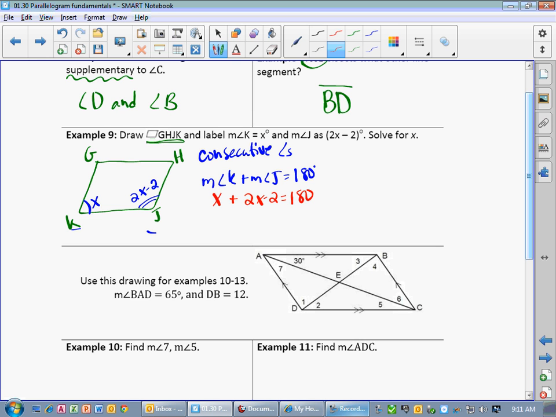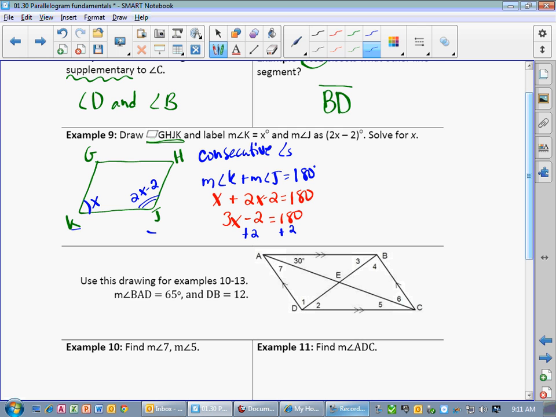Okay? Now you could continue that trial and error process all day long, and you might eventually come up with the answer. But that's why algebra was created, to shortcut that. So we say, well, how many x's do we have here? We have 3 x's. So we have 3x minus 2 equals 180. So since we have a minus 2 right here, remember we do the opposite. We add 2 to both sides.